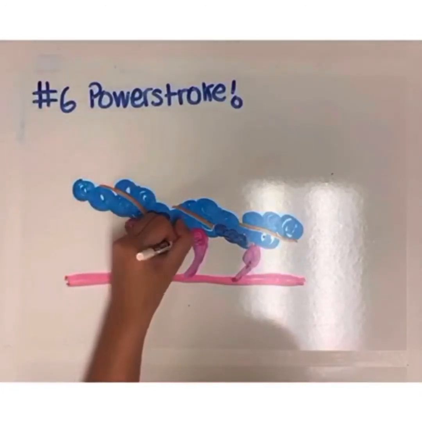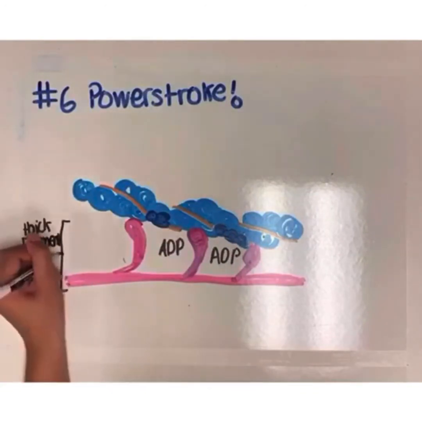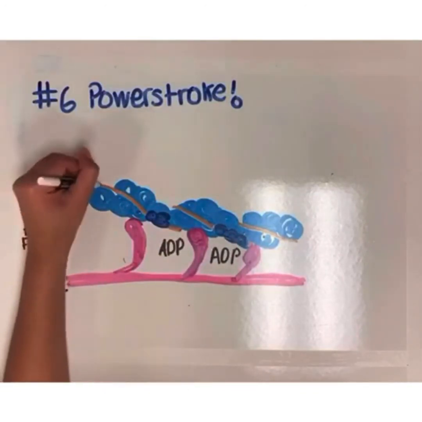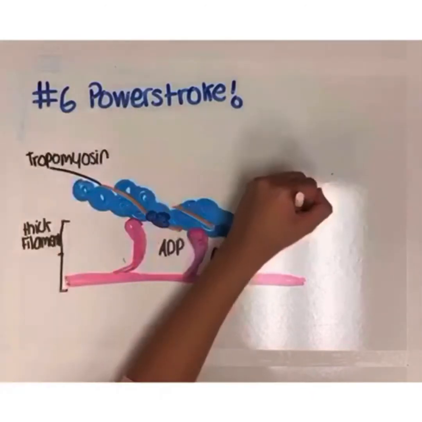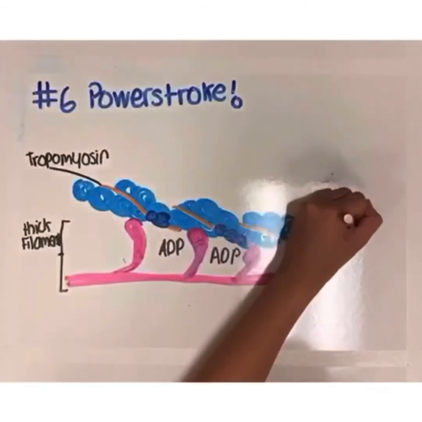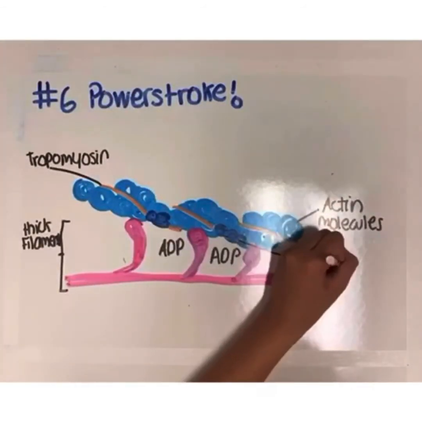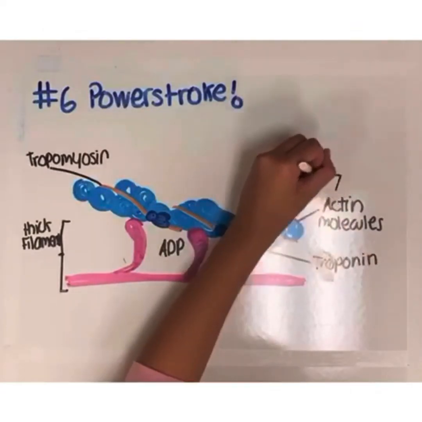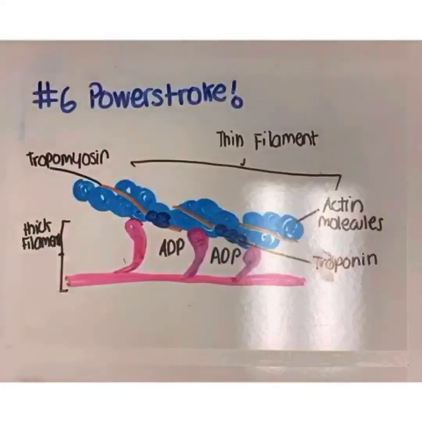Here you can see the cross bridge and how the myosin is moving toward the center of the sarcomere. There is the thick filament, tropomyosin, actin molecules, troponin, and thin filament.